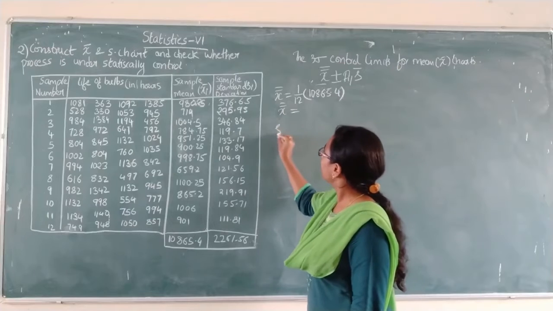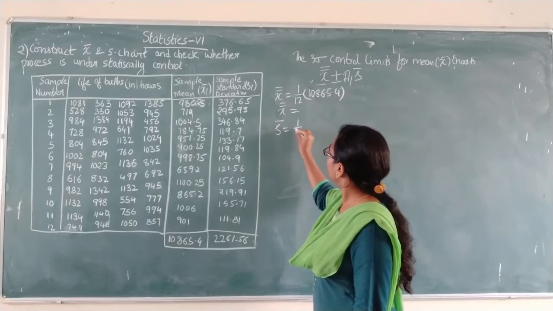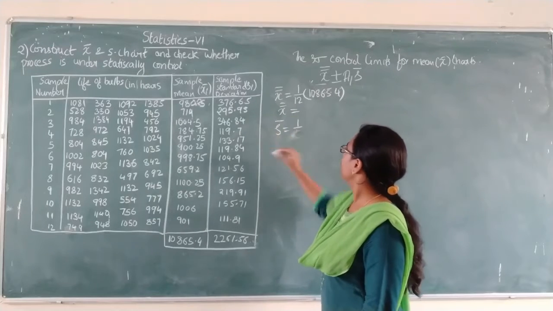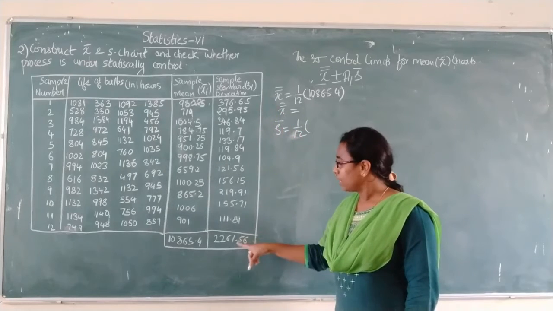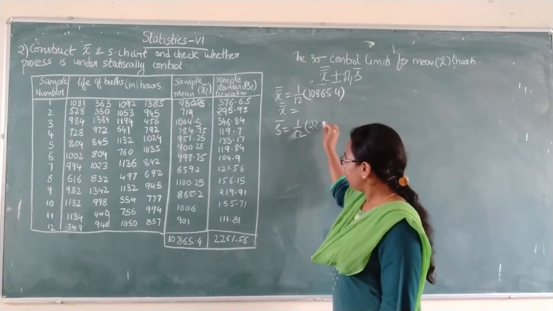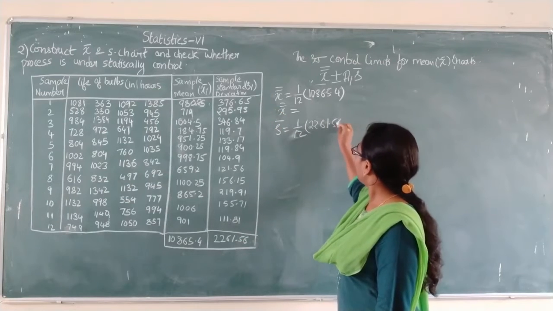Next you want s bar. So s bar equals 1 by k, that is 1 by 12, summation of si. What is the summation of si? 2261.56.